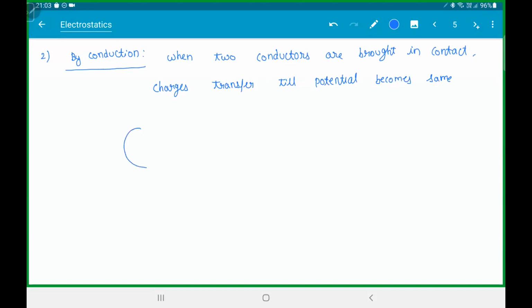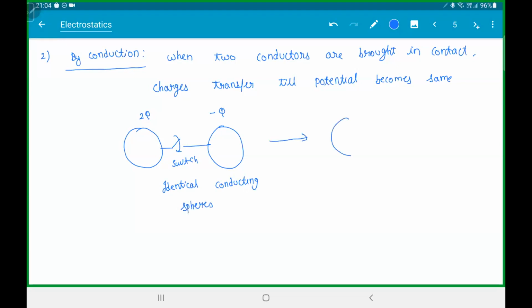So if you take two identical bodies here, let's say this one is 2q and this one is minus q, and you have a switch, these are identical conducting shells. The moment you close the switch, because both are identical, what is the total charge? q.